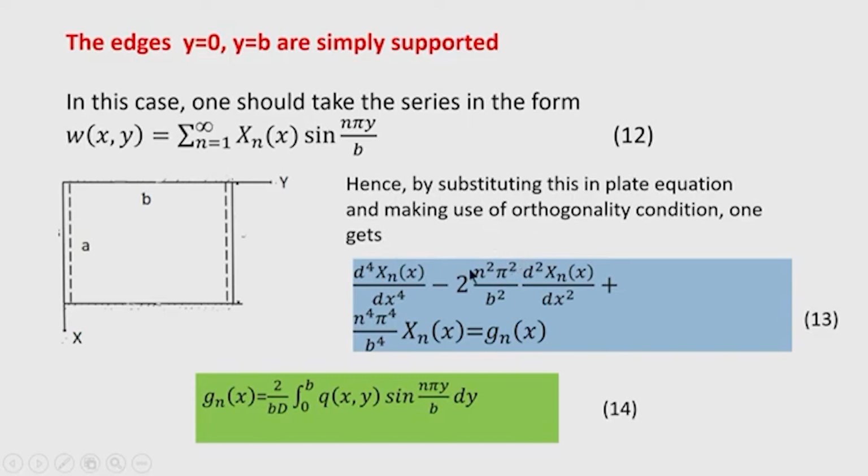Now, similarly, the forcing part is a function of x, because when we multiply this by sin(n pi y by b) and integrate with respect to y, the variable y is replaced by the constant limits of the integral. Therefore, the result will be a function of x. Hence, in this differential equation, the non-zero right hand side is a function of x.